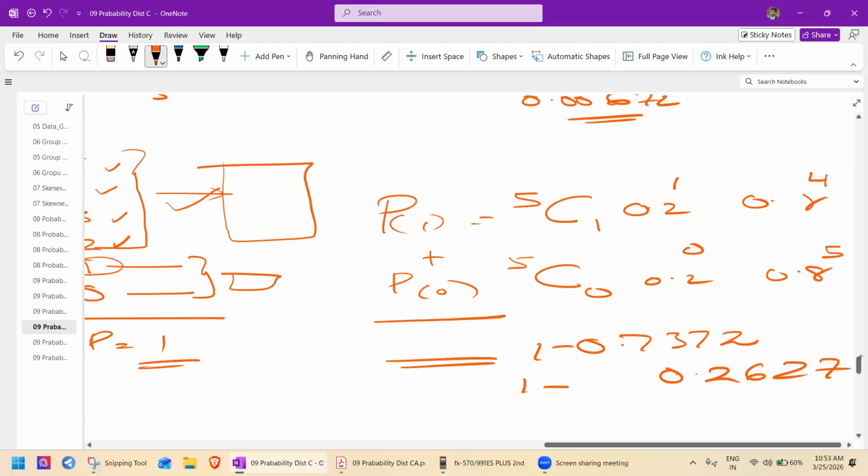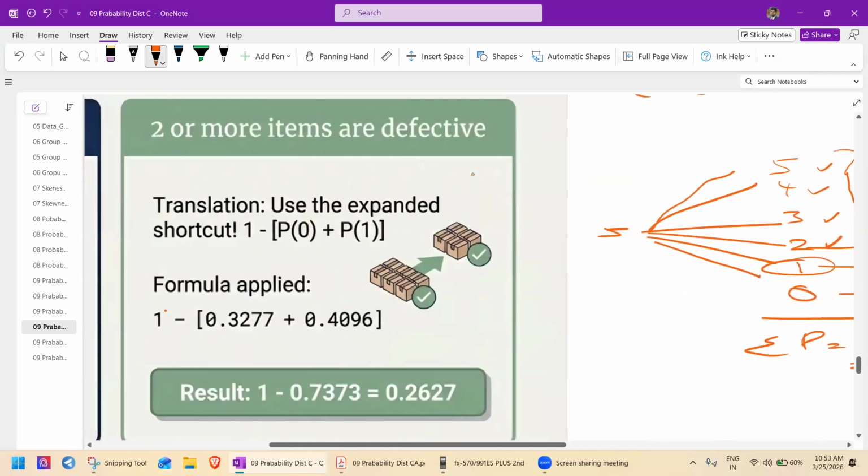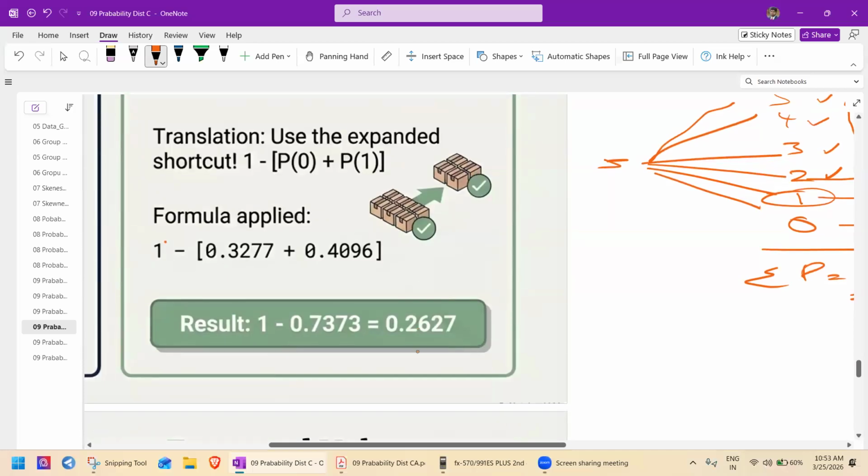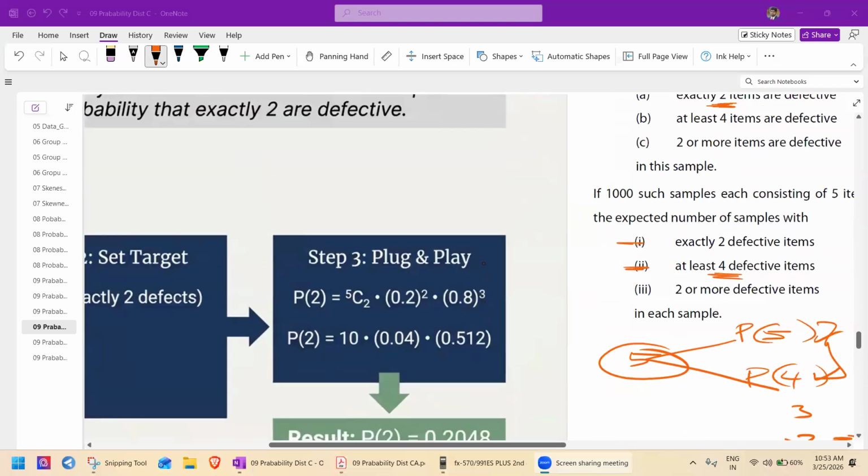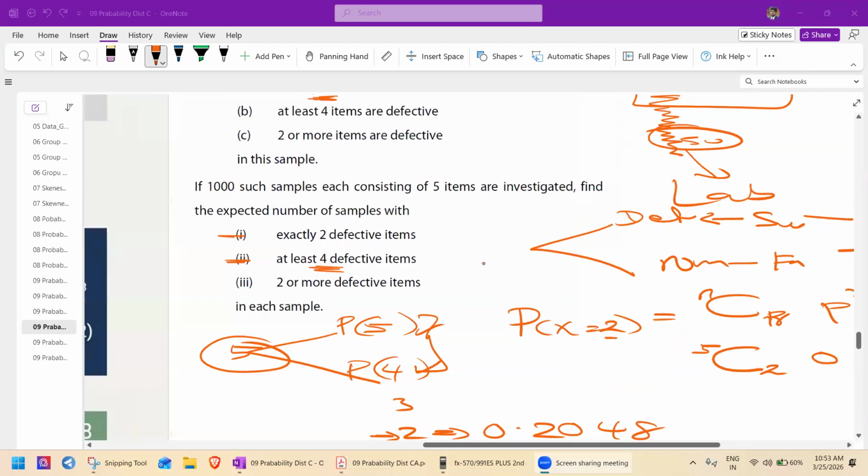Let's check the answer. You see, we get the same answer, right? Now we move to the next part.